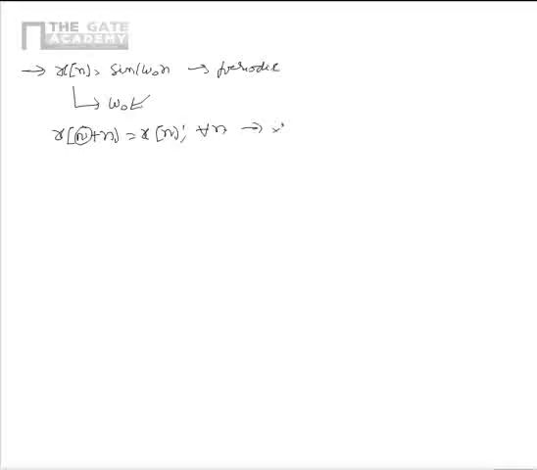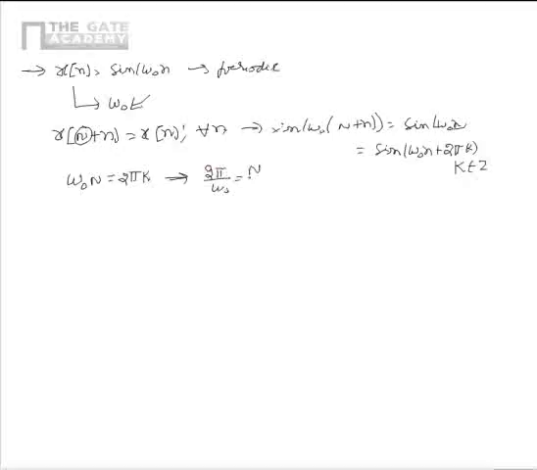From this, we can write that sine of omega naught multiplied by N plus n is equal to sine of omega naught n. This is equal to sine of omega naught n plus 2 pi k, where k belongs to Z. From this, we can write that for x of n to be periodic, omega naught N is equal to 2 pi k, or we can write that 2 pi by omega naught is equal to N by k.